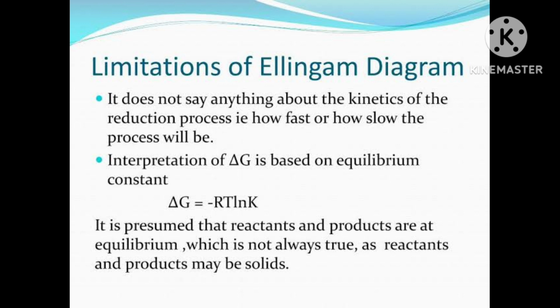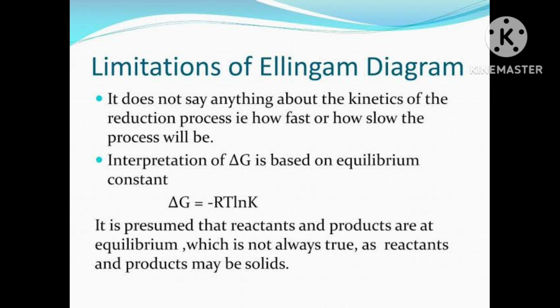After that point, the delta G value becomes more negative for the combined process, including reduction of MXO. The difference in the two delta G values after that point determines whether the reduction of the oxide of the upper line is feasible by the element represented by the lower line.